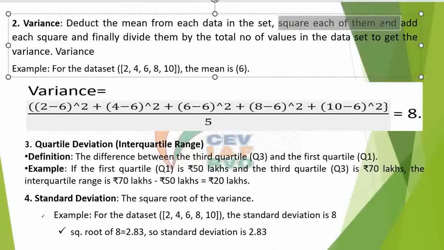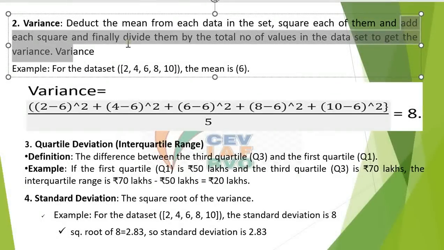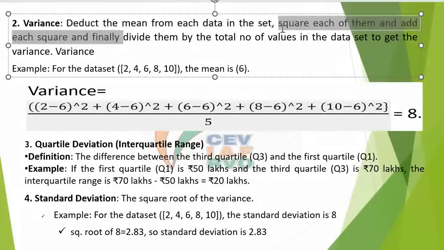So first you calculate the mean, then you deduct it from each value, then you take the square of each, then add each square, and then finally divide by the total number of values.